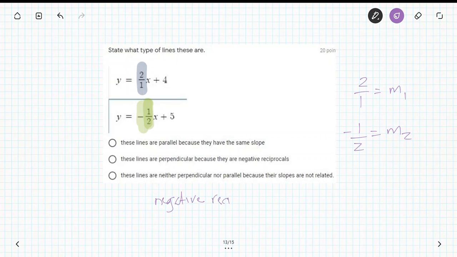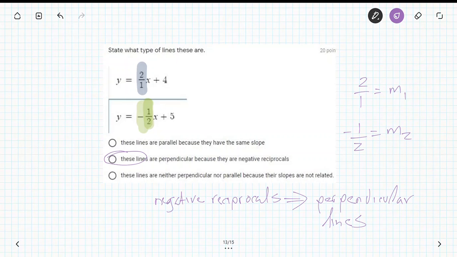And if they are negative reciprocals, that means they are perpendicular lines. These lines are perpendicular because their slopes are negative reciprocals.